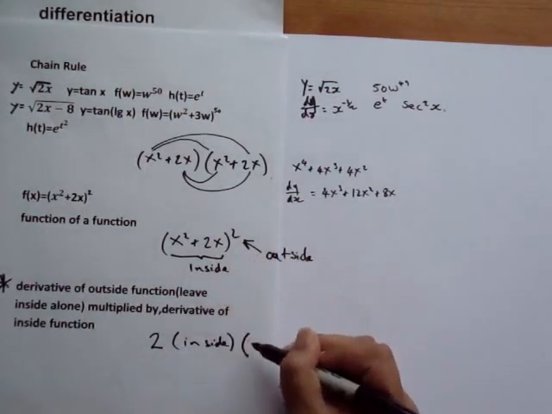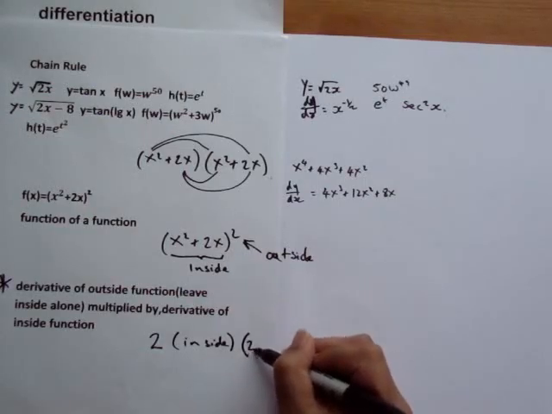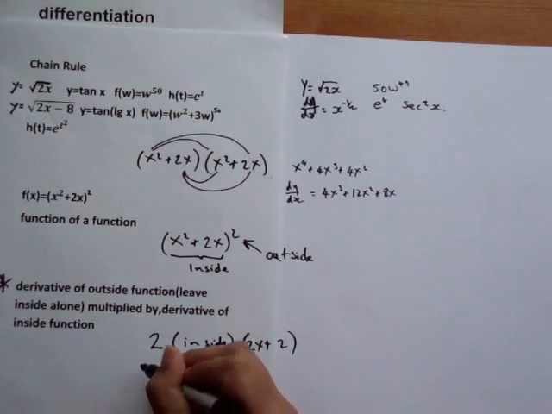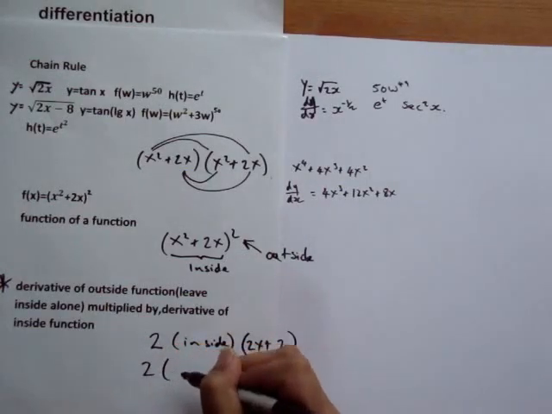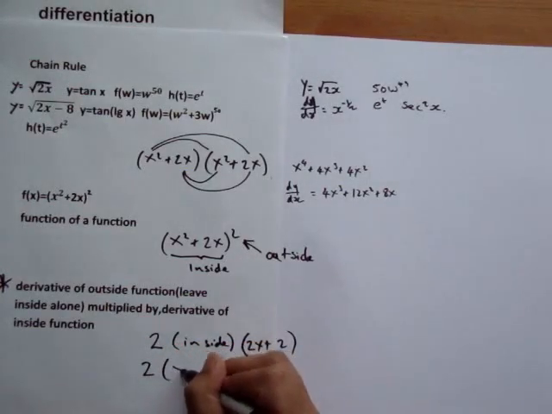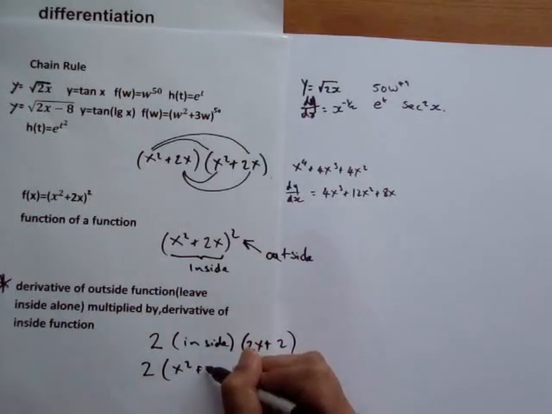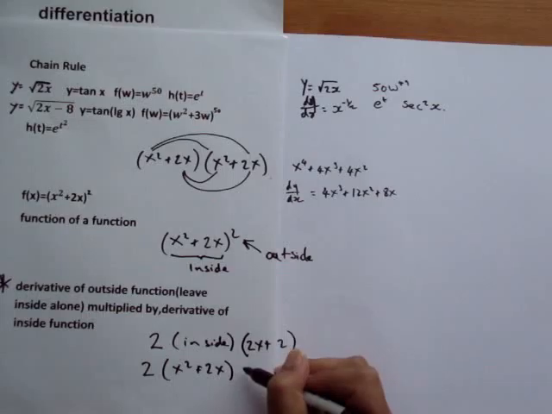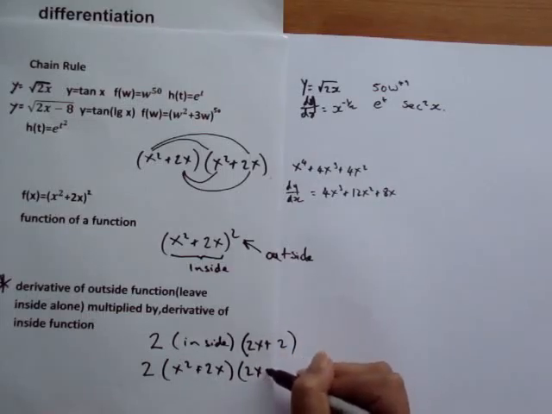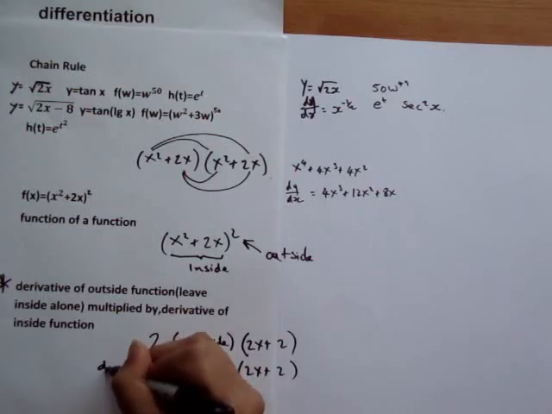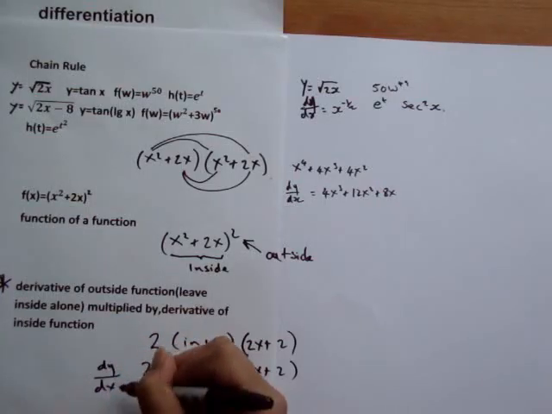So the inside was x squared plus 2x, and the derivative of that becomes 2x plus 2. So this then becomes 2 times x squared plus 2x, times 2x plus 2, and that is the derivative.